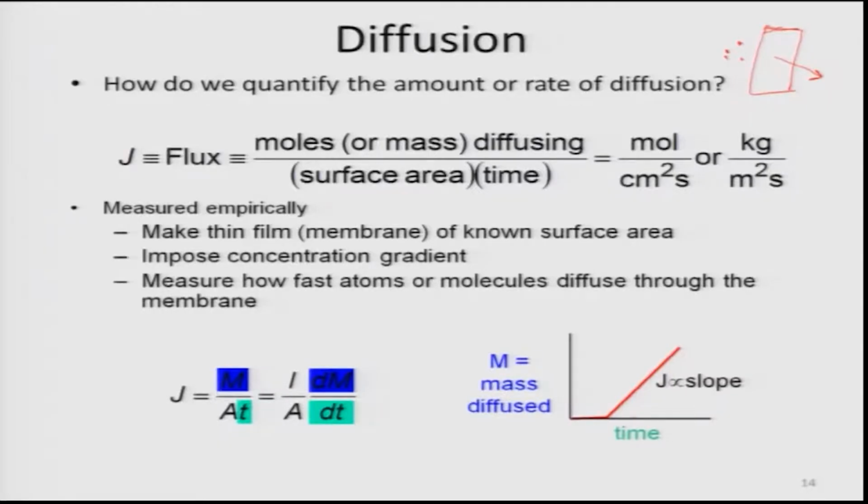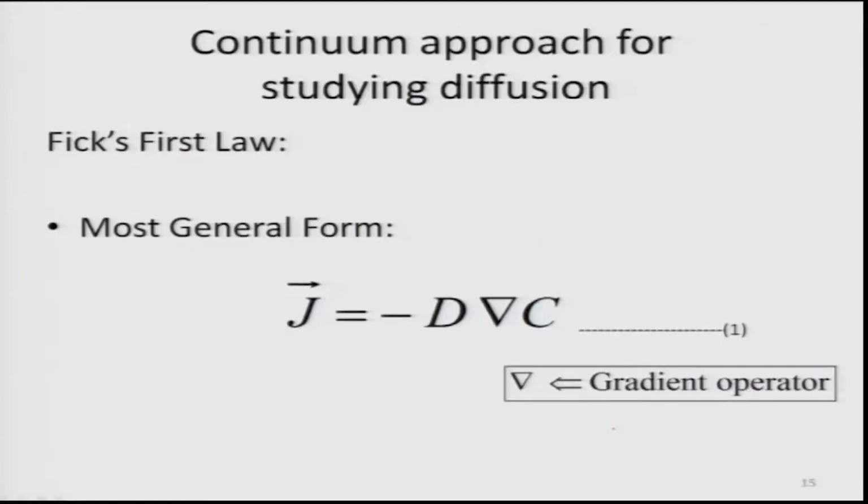dm by dt is nothing but the slope of this curve. Initially there is zero slope, then there is a finite slope. So J is proportional to the slope of this curve, that is the mass transport per time. We can put it very nicely: J is equal to minus a constant times the concentration gradient, which I showed in the last class.